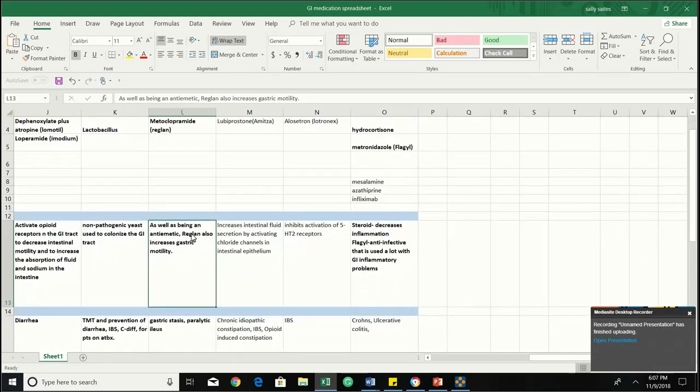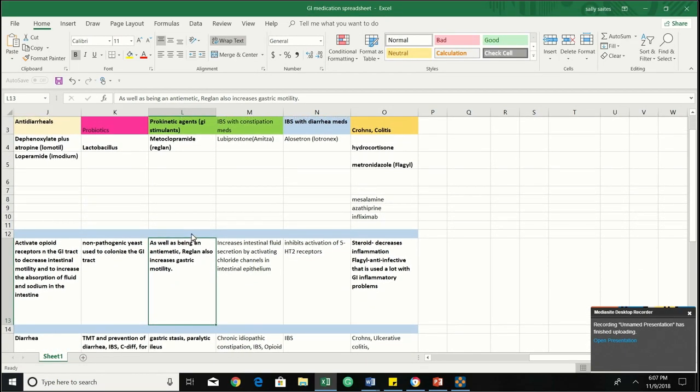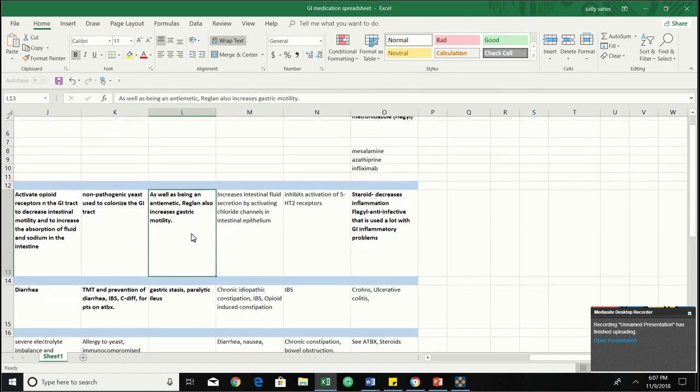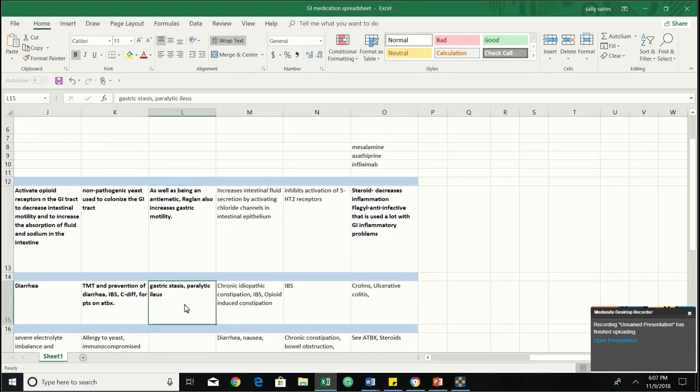So Reglan is a GI stimulant, actually. Remember, we talked about it as an antiemetic, but it's also a GI stimulant. What it does is increase the gastric motility. So one of the things that it's used for is if someone has gastric stasis or paralytic ileus.